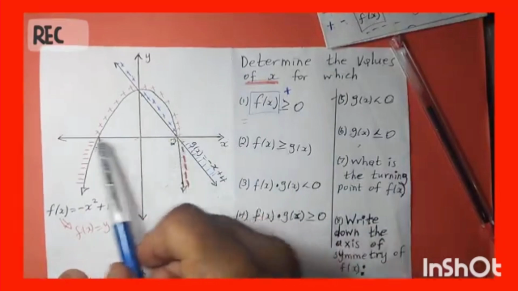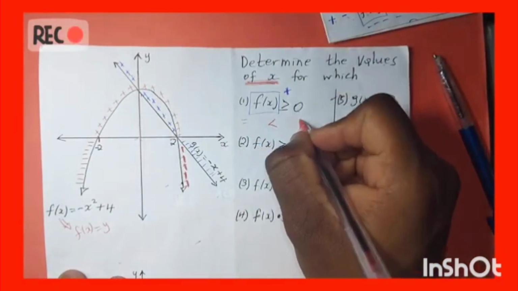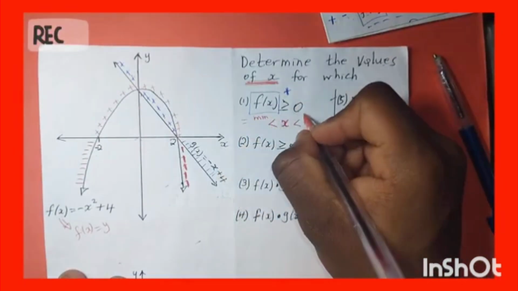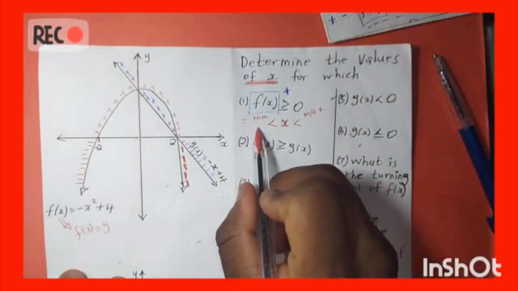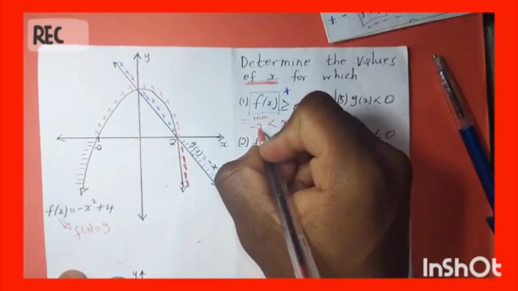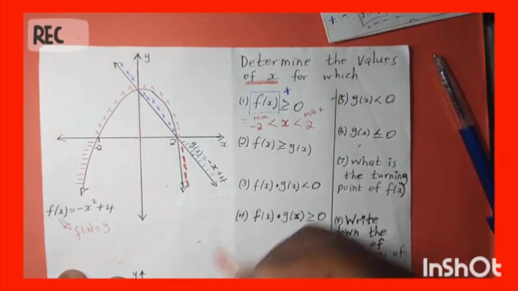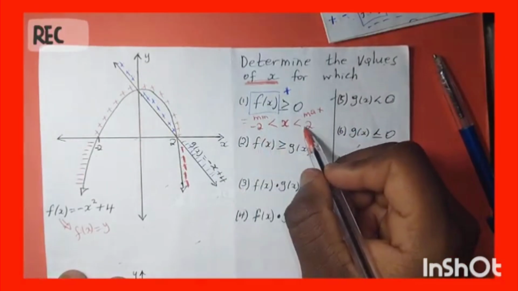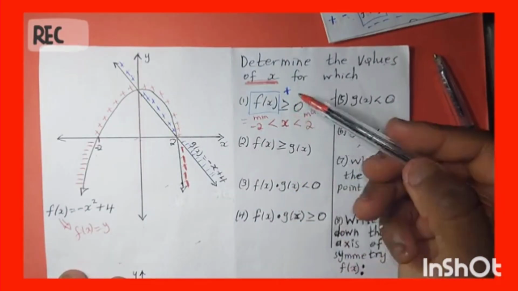All these values, from here until there, the graph is positive. So you can say, according to x values, write your minimum and write your maximum. This is how you write something which is between: -2 and here it's +2. Do you see? Meaning that between -2 until 2, that graph will be positive.